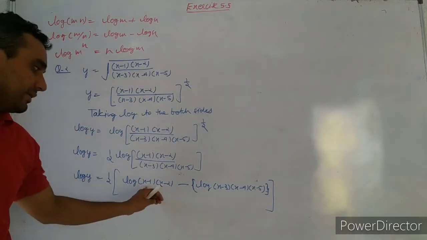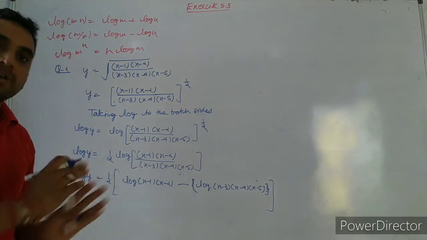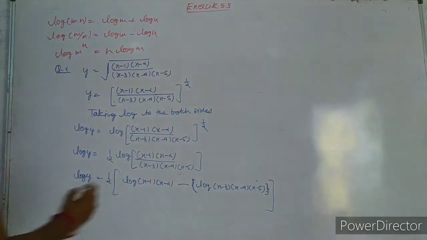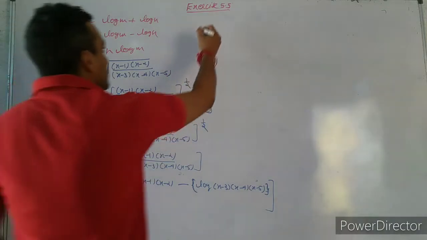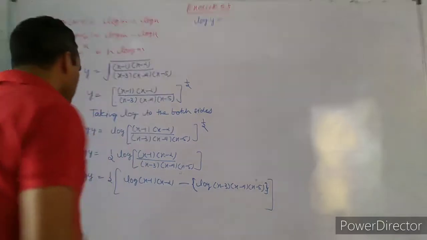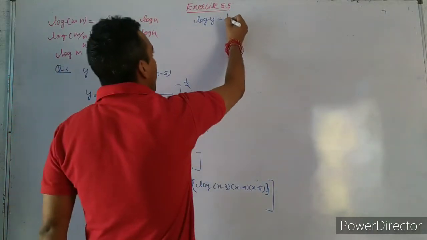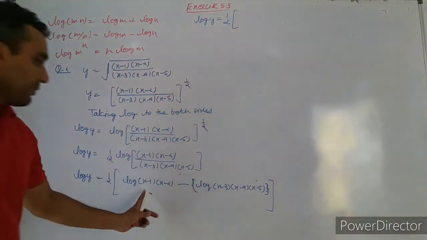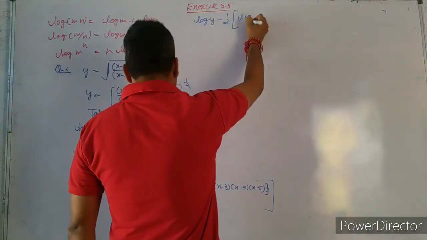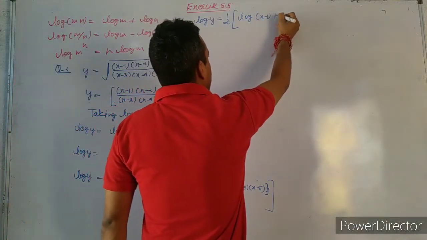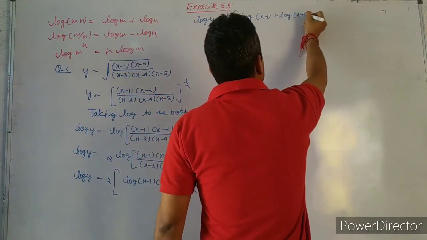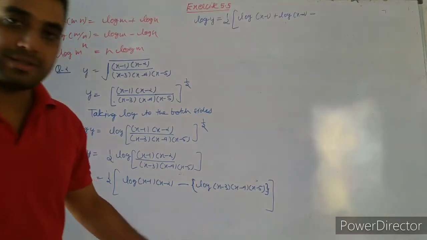Now we have these terms as multiplication, so we again split them in the form of addition. So log y is equal to 1 by 2. Here we have multiplication of functions, so we can write it in the form of addition: log (x minus 1) plus log (x minus 2), the negative sign will come here as it is.